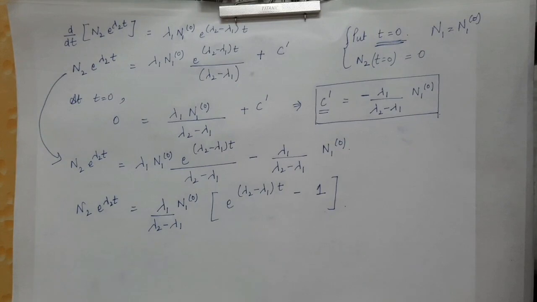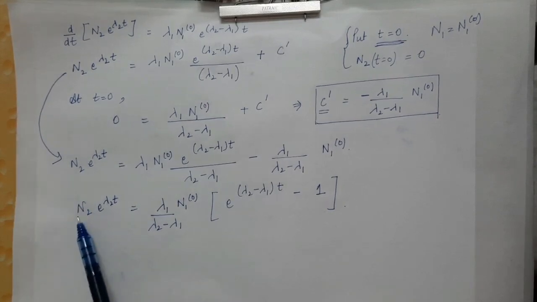The main motive of this derivation is to find n2, the number of daughter nucleides which are present in the sample at any time t. So we have to find this n2.